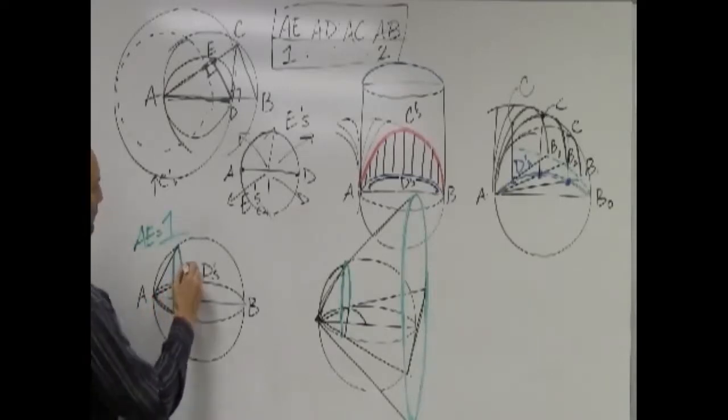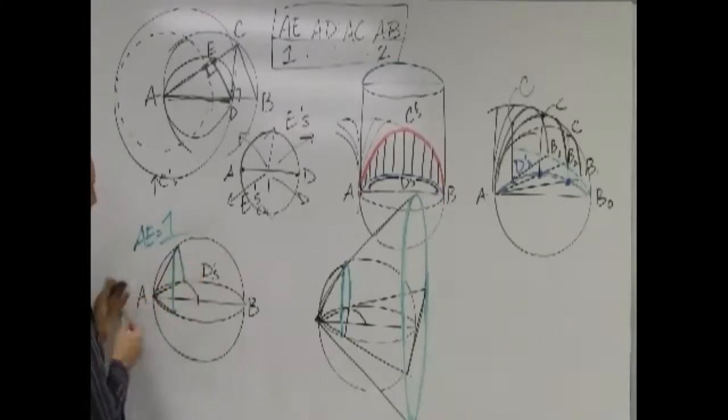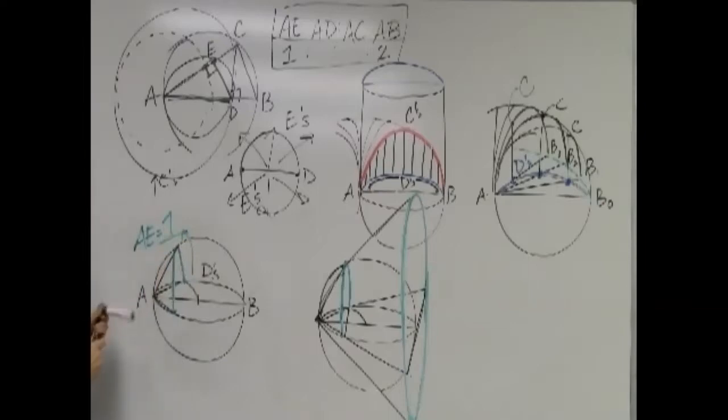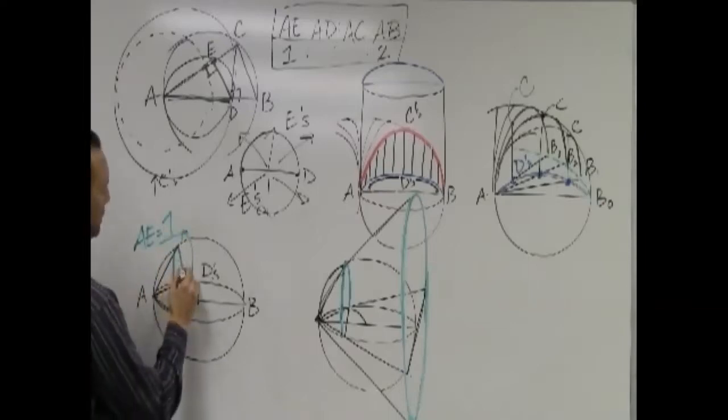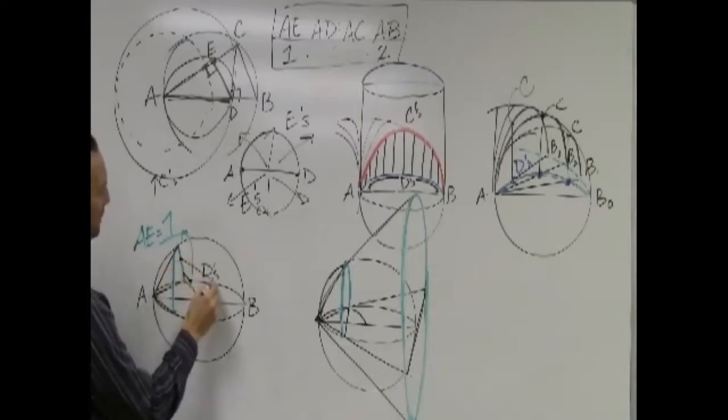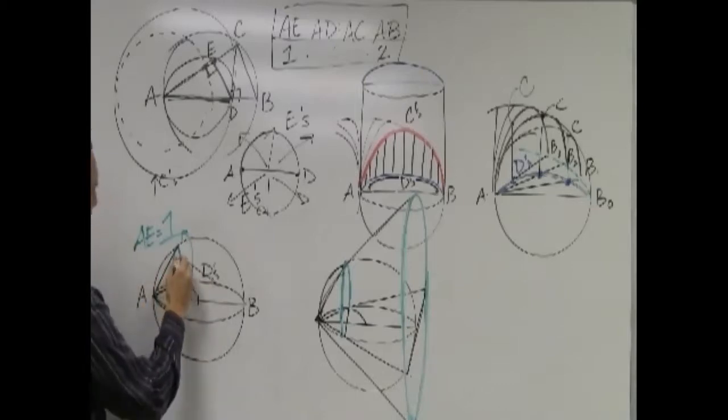If I move up along this green line, from the back towards the top, if I choose a point here between A and D, then my D is going to fall around here. If I go up further, my D is going to end up out here, being 90-degree angles.